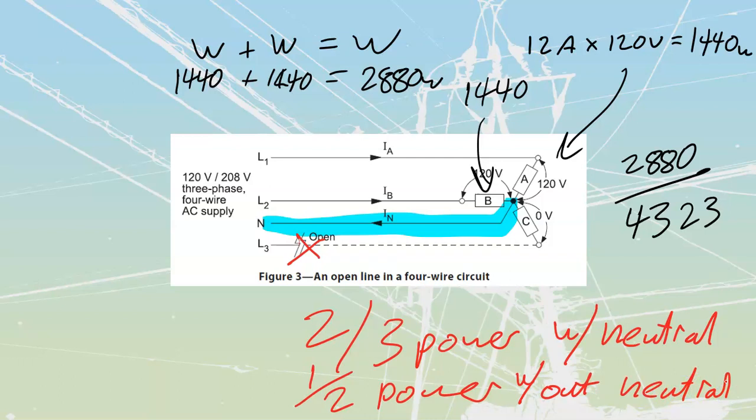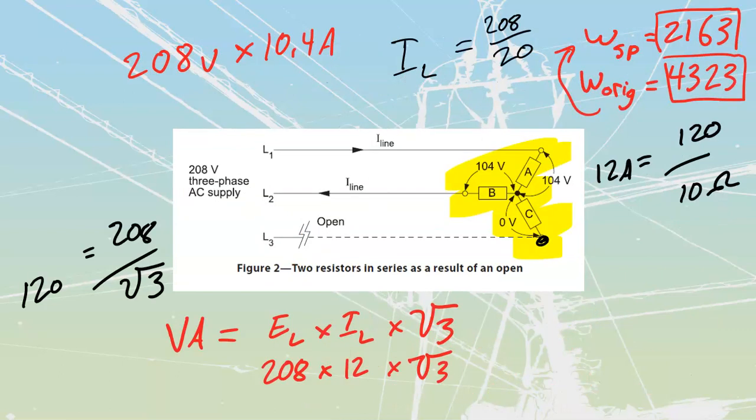The other beautiful thing is if I had differing values of resistance, those differing values of resistance, if I don't have the neutral, are going to readjust to form different values of voltage. Right now we had 104 and 104 over here based off of the fact that they were equal values of resistance. But if A1 was a higher value of resistance, then we would have a higher value of voltage.